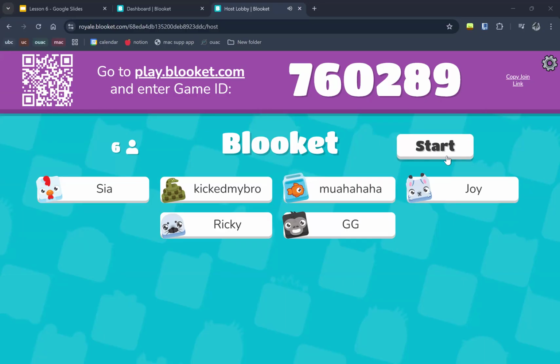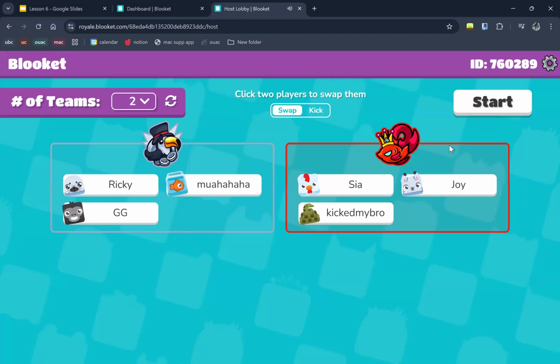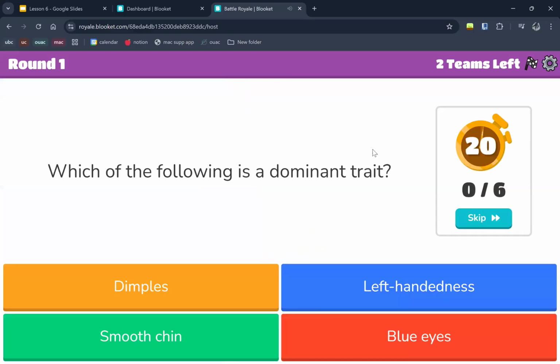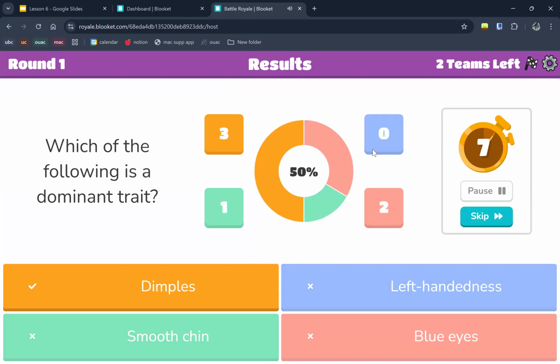Thrifty Toucans. Okay, I didn't see the other team. Thrifty Toucans versus Fish or something. Okay, 50% of people got this one right.